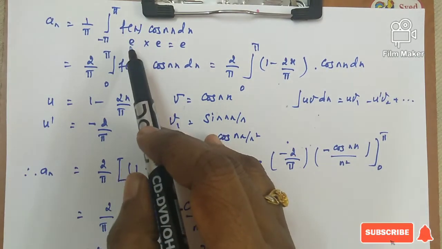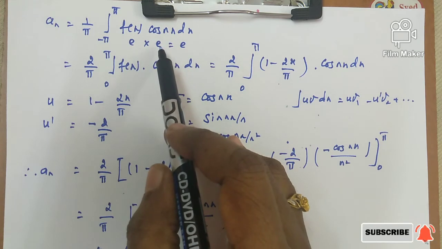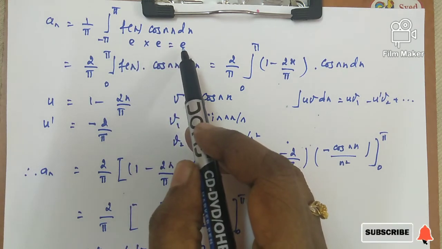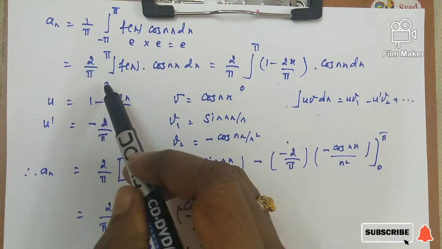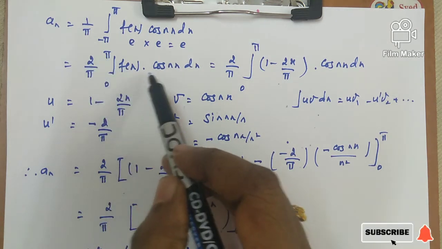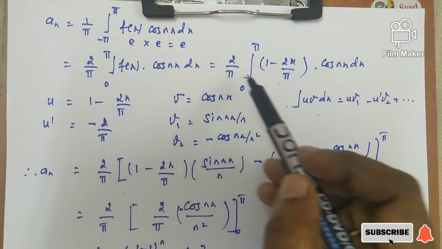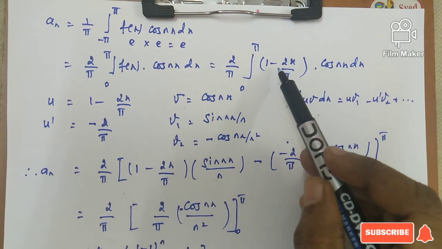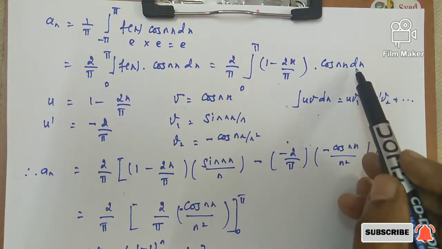Given f of x is an even function, cos is also an even function. Even into even, again it is an even function. So an even function can be written as 2 times the integral 0 to pi f of x cos nx dx. So 2 by pi integral 0 to pi, where f of x is 1 minus 2x by pi into cos nx dx.